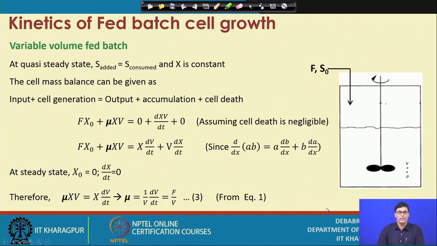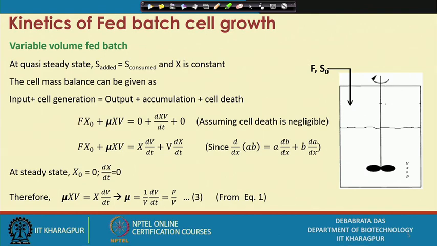Now, let us discuss the kinetics of fed batch cell growth, how we can discuss the kinetics. Here we can consider the pseudo steady state condition. I told you in my previous couple of lectures that pseudo steady state means not exactly steady state; we assume that it is approaching the steady state condition.